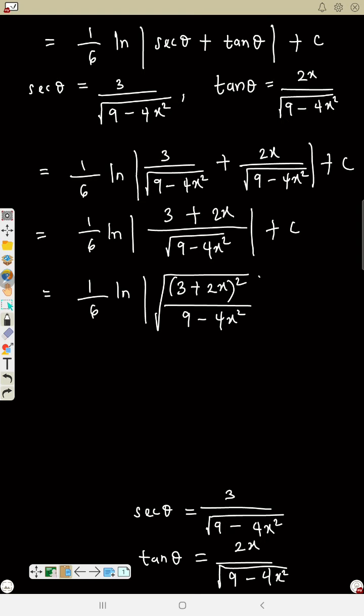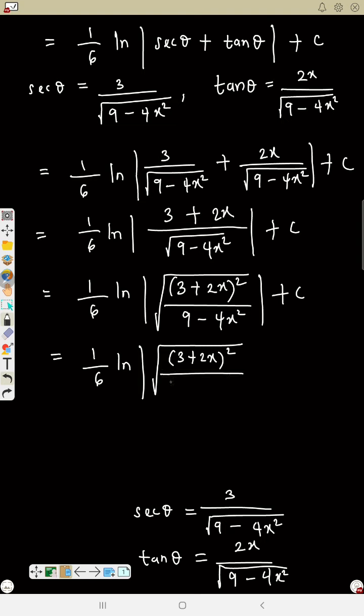So that means this is equal to 1 over 6 ln square root of (3 plus 2s) squared divided by (3 minus 2s) squared, plus c.